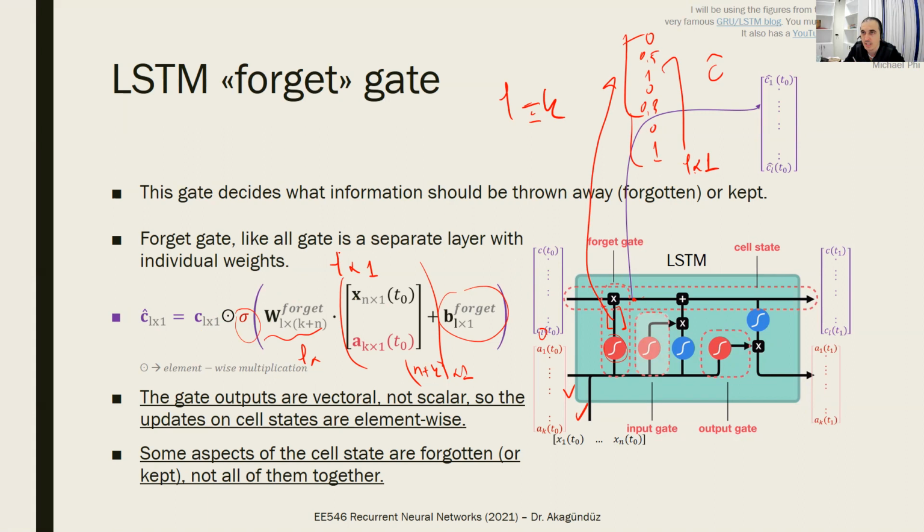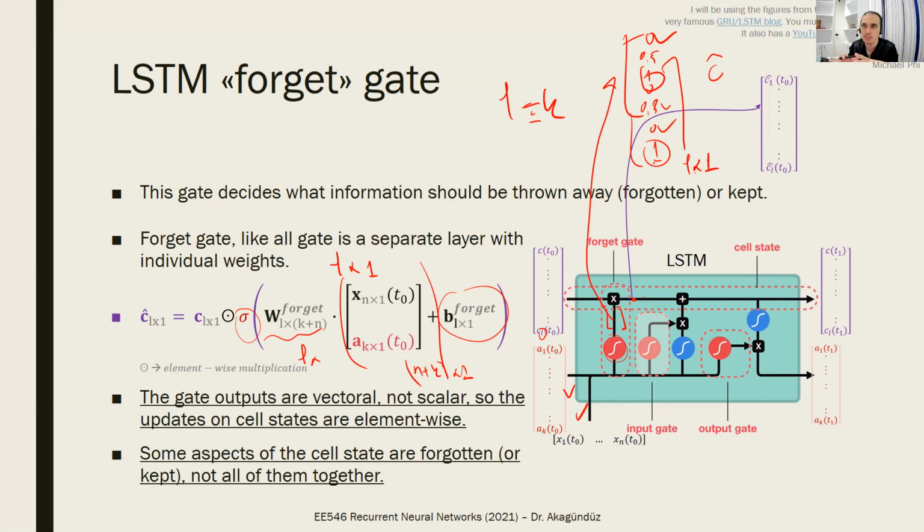So be careful, guys, when you are resetting or using the forget gate, you are not totally forgetting. Maybe you are forgetting some part of the state. I'm just forgetting this and this, and I'm only slightly forgetting this one, but I'm definitely not forgetting these elements of the cell state. So these are all vectors. Always keep that in mind, okay?